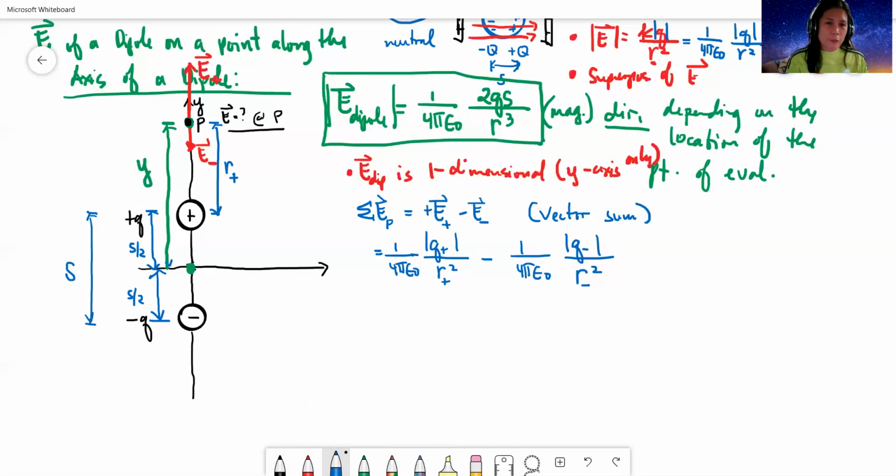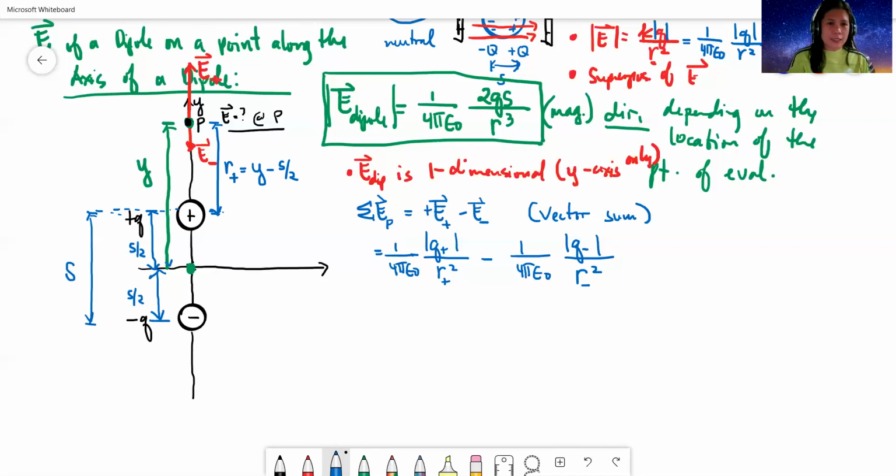So if we have to write an expression equivalent to R in terms of Y and S, if you agree, R is obviously Y minus S over 2. So R in terms of Y is just Y minus S over 2. That's R positive. Okay. What about R negative?